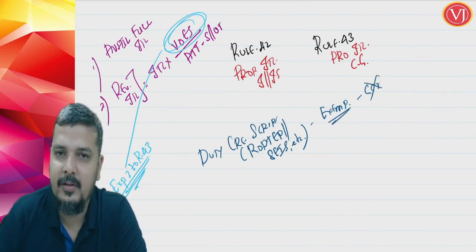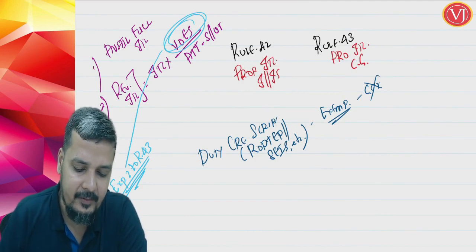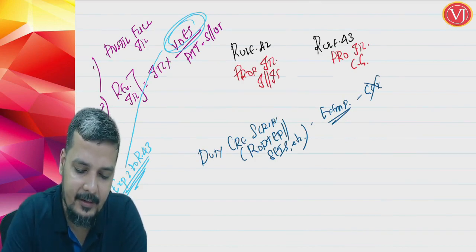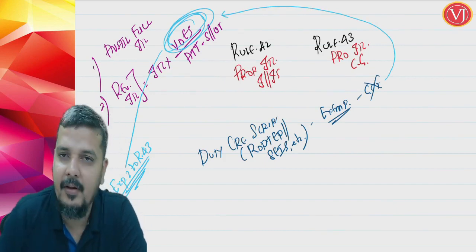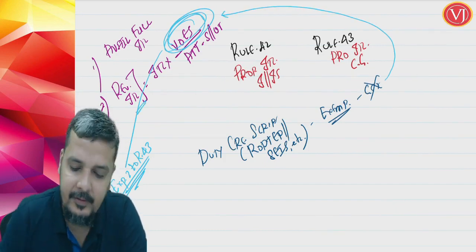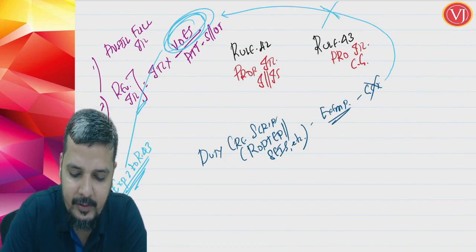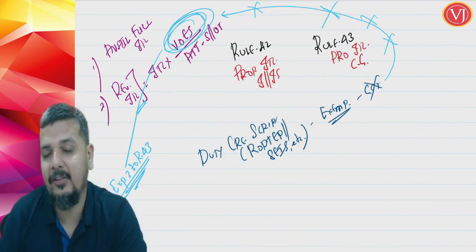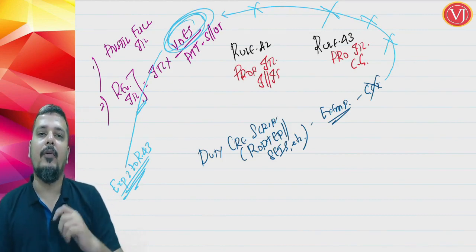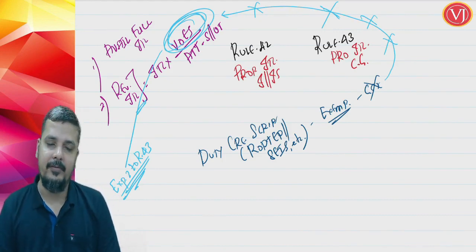There is no GST. When there is no GST, it would normally be added in value of exempt supply, and there would be some reversal. Now they tell that no, this duty credit scrip, though it is actually exempted, you don't include in value of exempt supplies for the reversal.